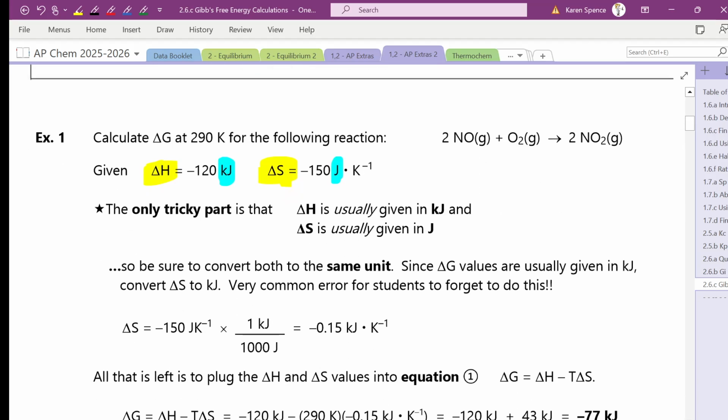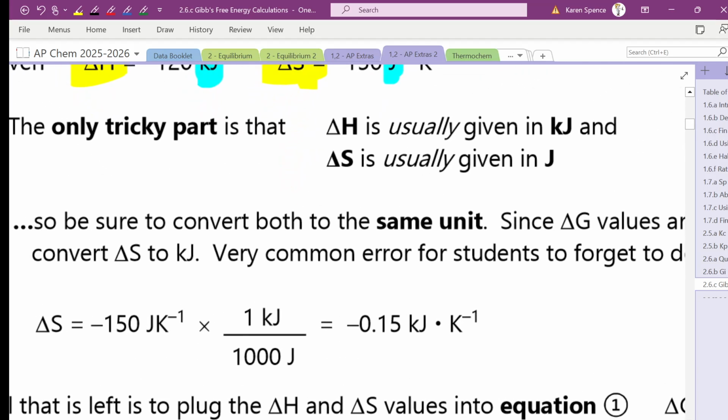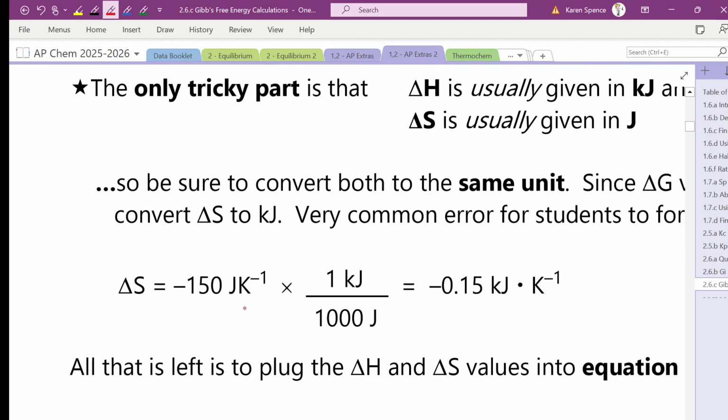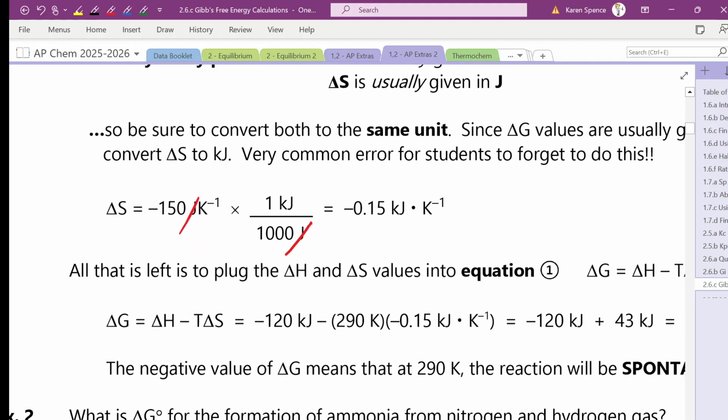So basically, we just say, okay, I'm going to take my delta S and convert it into kilojoules. So my joules cancel out, and you get that, and then you just plug everything in.